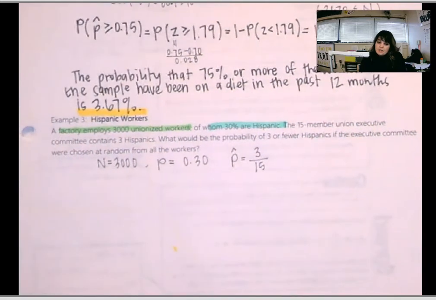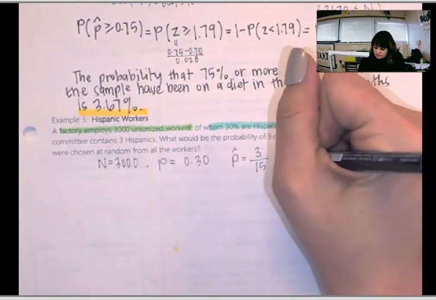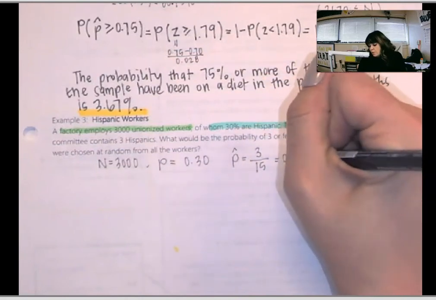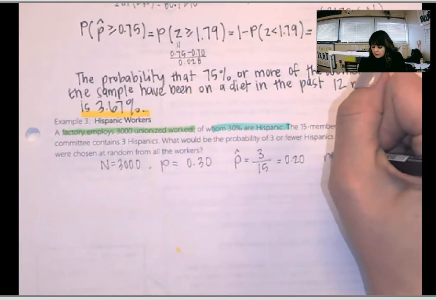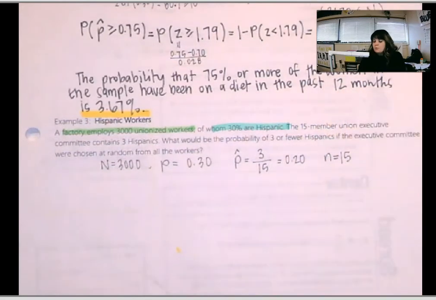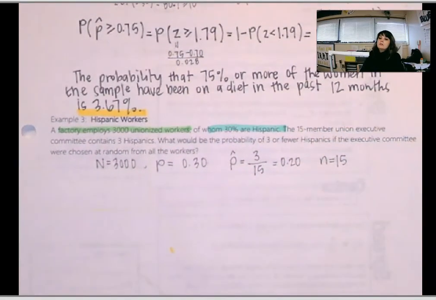Well, 3 divided by 15 is 0.20. And then this also helps me realize that my sample size is 15. So of 3,000 unionized workers, we are choosing 15 to be in the executive committee. What is the probability that 3 of those members will be Hispanic, or that 20% of the members are Hispanic?